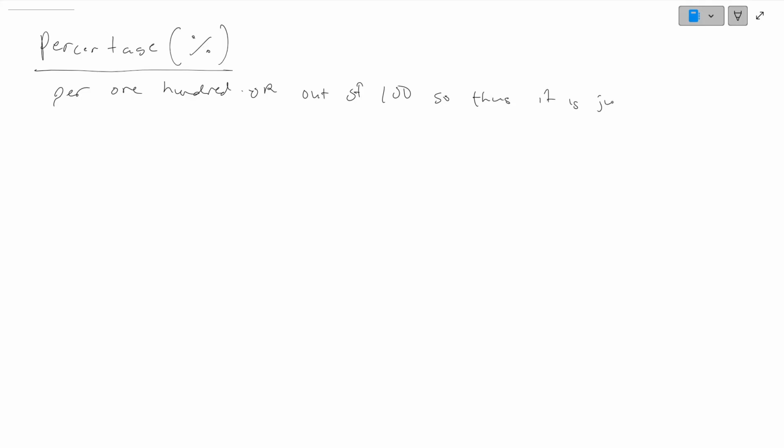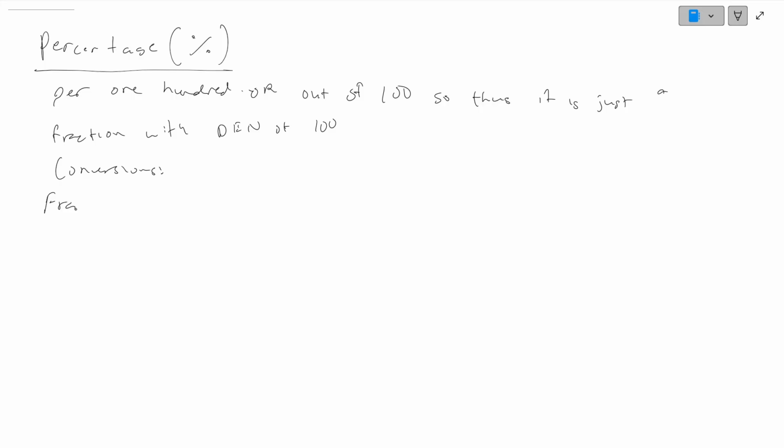Percentages are another way of representing numbers, and it is usually shown by this sign right here. Its literal definition is per 100 or out of 100. So therefore, it is just a fraction with a denominator of 100. Now the conversions.